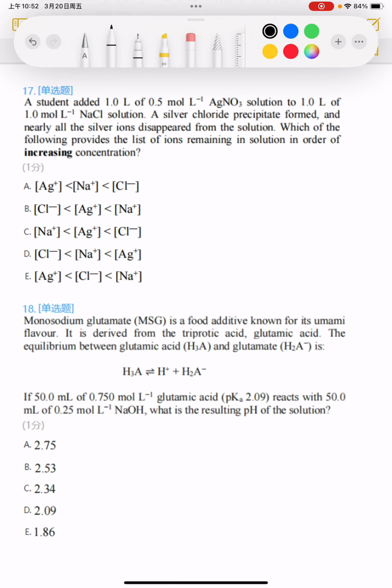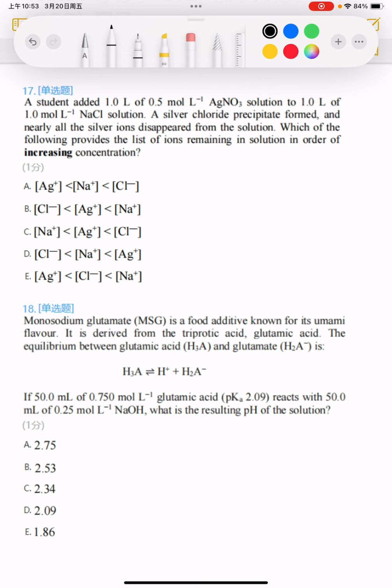Question number 17. We are given that we added 1 liter of 0.5 mole per liter silver nitrate solution to 1 liter of sodium chloride.